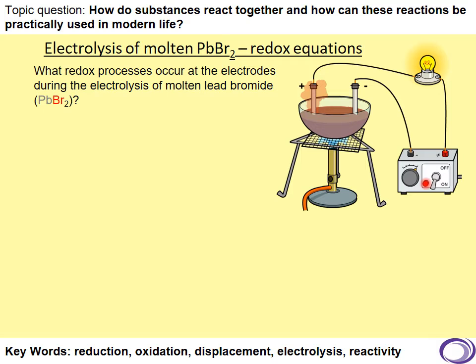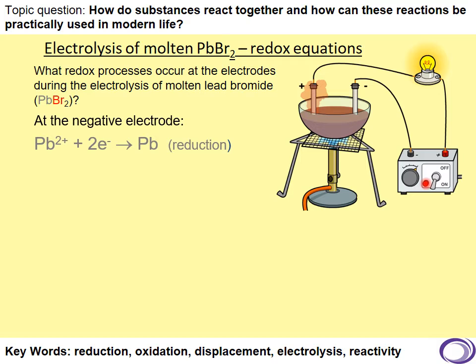Thinking back to our example that we used earlier with lead bromide, we had the lead ions being attracted to the negative electrode because they were positively charged, and when they arrived at the negative electrode, the cathode, they gained 2 electrons.